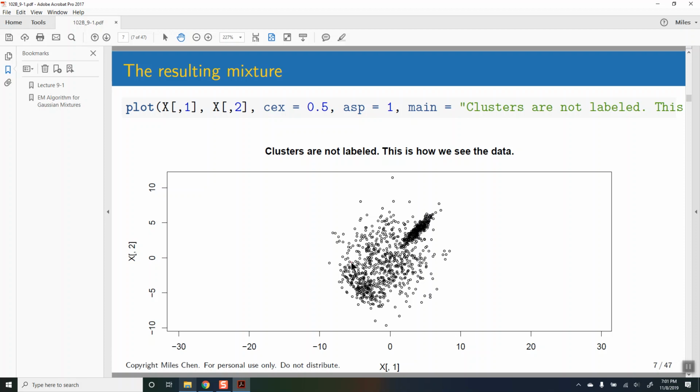So here, basically, for this dot, we have two competing probabilities.